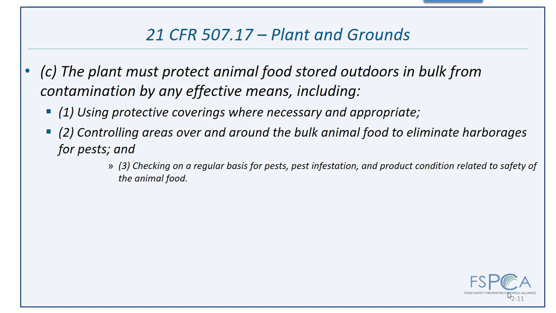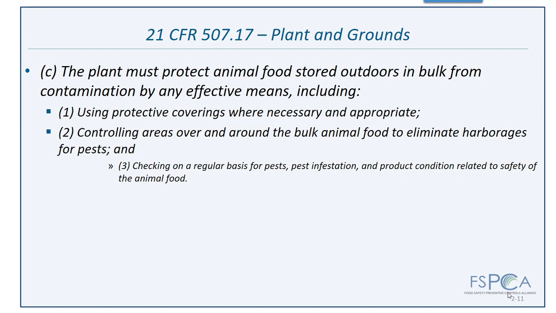We also have a section of the Plant and Grounds GMPs that addresses the storage of bulk material outdoors. And again, I want to stress here that this is only as necessary and as appropriate. So using a protective covering might be a solution that you want to use if you're storing outdoors in bulk.